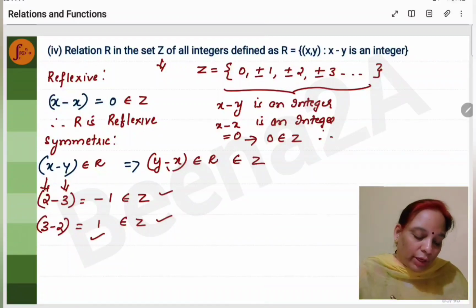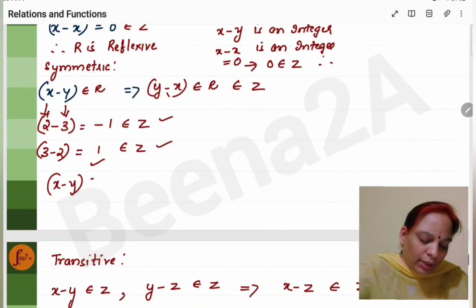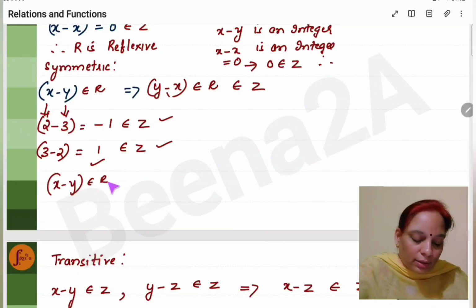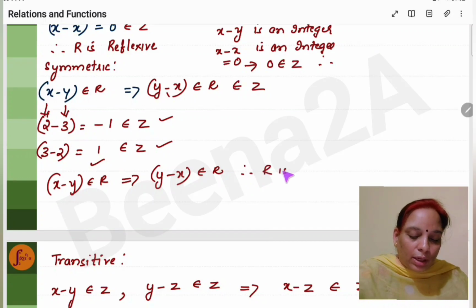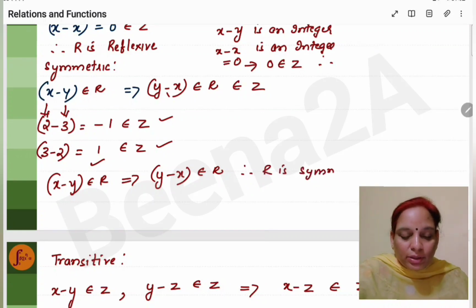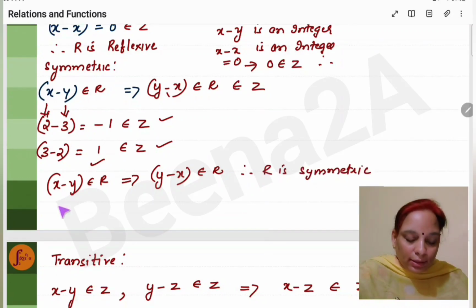So how do I write it? x minus y belongs to R implies that y minus x also belongs to R. Therefore, R is symmetric. Or I can say x minus y is an integer.